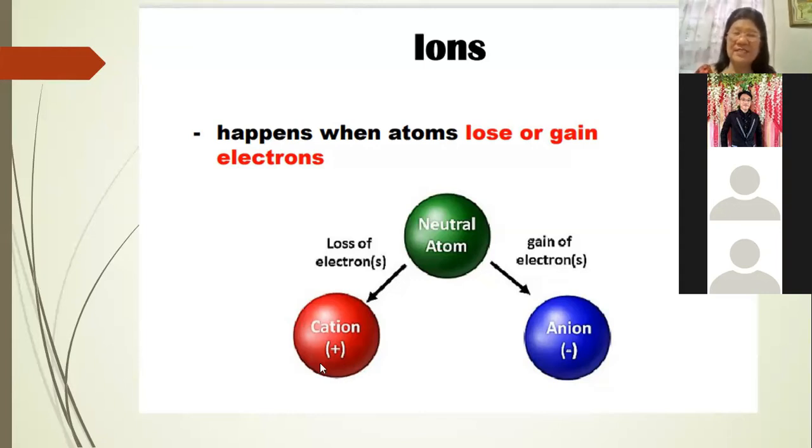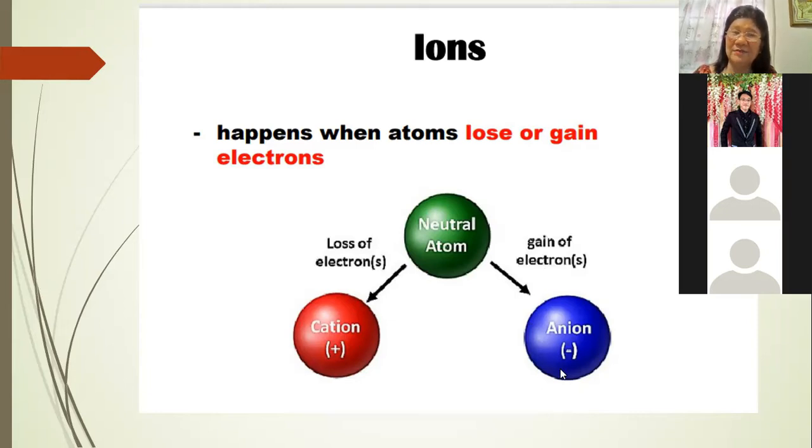If it loses an electron, it will have a positive charge. Therefore, that is a cation. And if it gains an electron, it will have a negative charge.